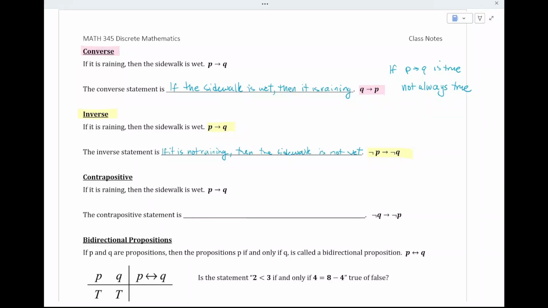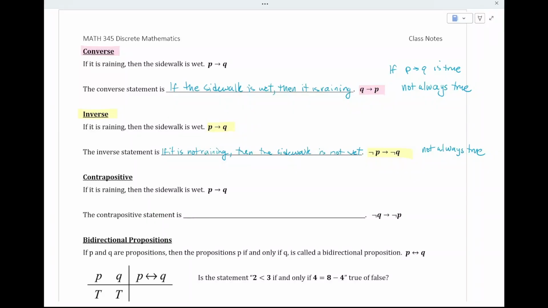And I can think about, does this statement have to be true if P implies Q is true? If it's not raining, then the sidewalk is not wet. Well, it could be true that it is not raining, but the sidewalk is still wet. So this one is not true either, for the same reasons as above. Someone spilled their coffee, someone dumped a bucket of water. The sidewalk could be wet even though it's not raining. So this is also not always true if P implies Q is true.